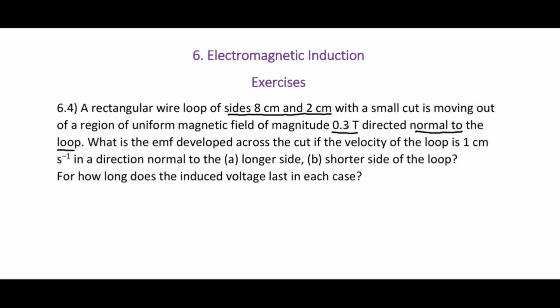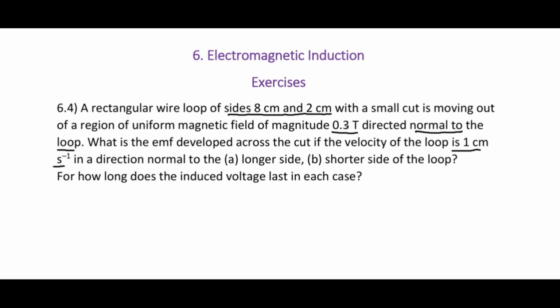What is the EMF developed across the cut if the velocity of the loop is 1 cm per second in the direction normal to the longer side, shorter side of the loop? For how long does the induced voltage last in each case?